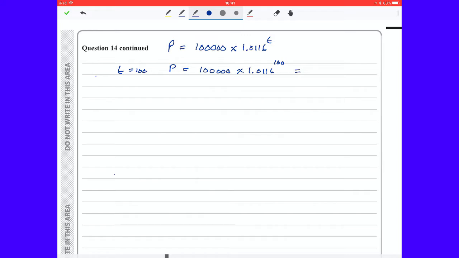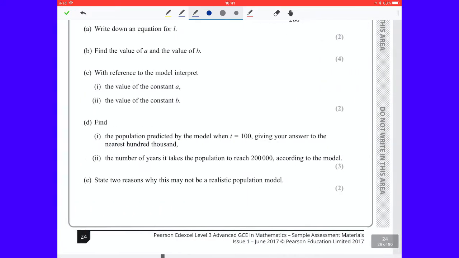And when we put that in the calculator, we get 316,871. But we're asked to give it to the nearest 100,000, so that becomes 300,000.